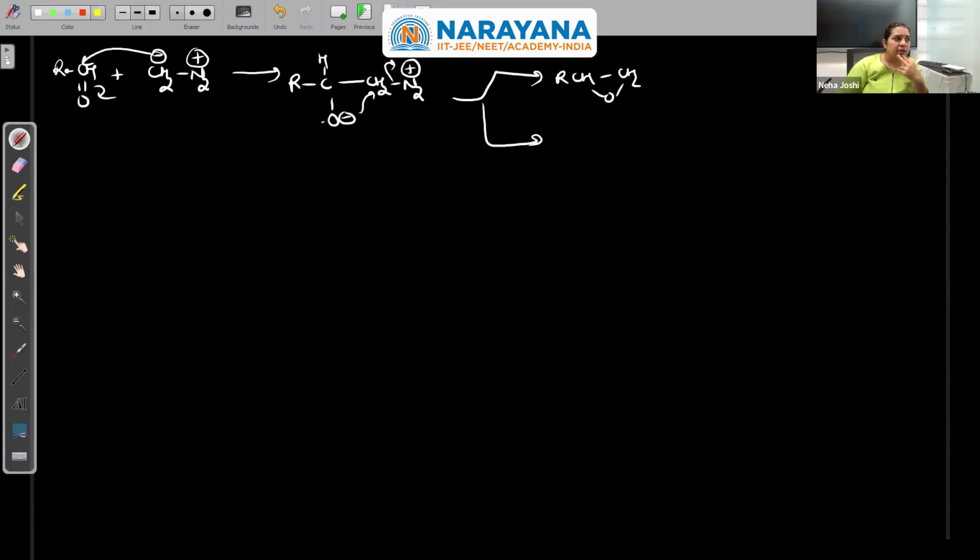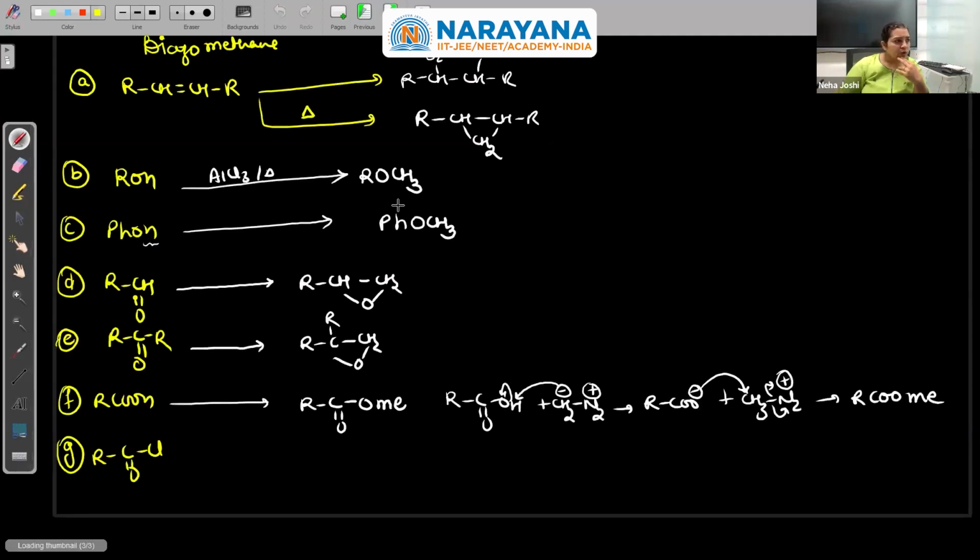One by yellow, I am writing, is the same, and hydrogen is shifting. Then you can also have methyl ketones formed. So one more product you add here, just one carbon added, but methyl ketones.